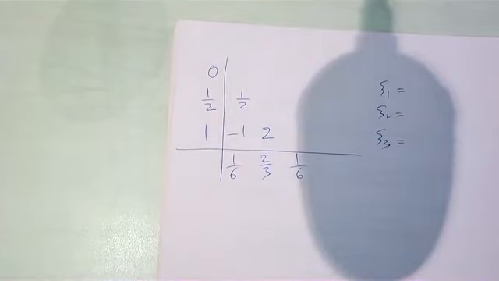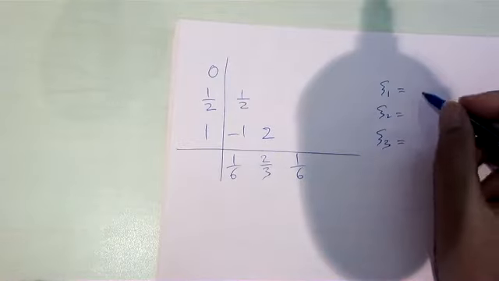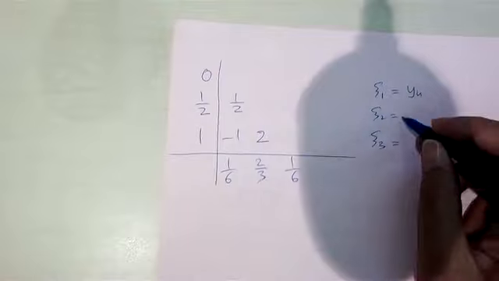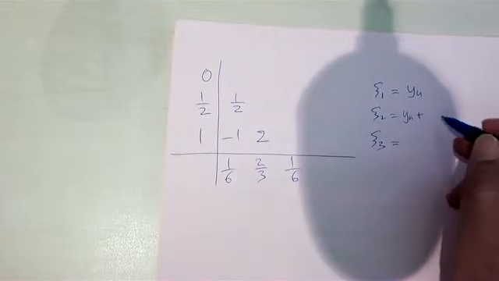Because according to the general formula, the number of psi equals the number of rows in the table. So we have 3 rows. So we should have psi 1 equal Yn here, and this one psi 2 equal Yn plus.